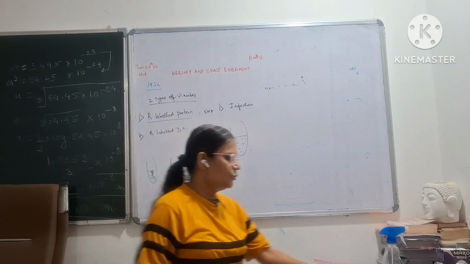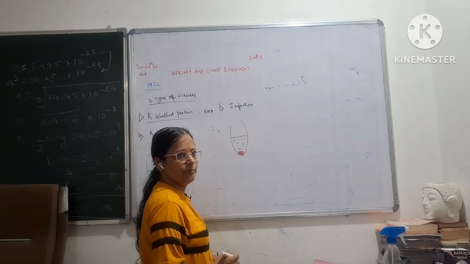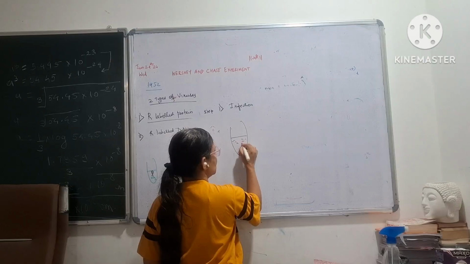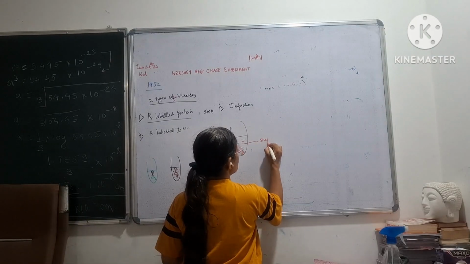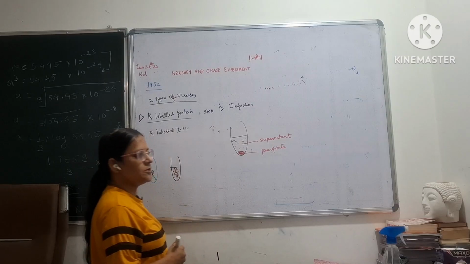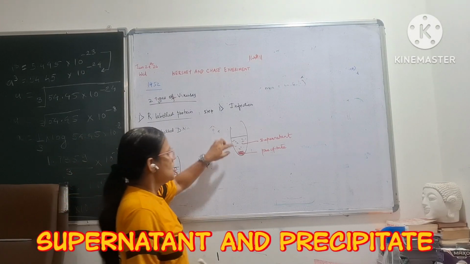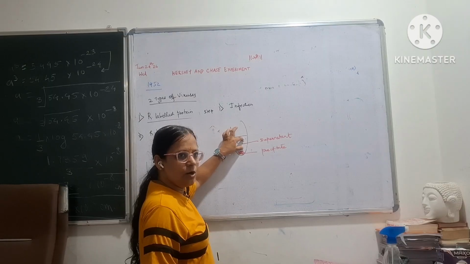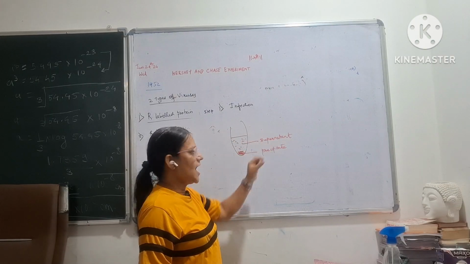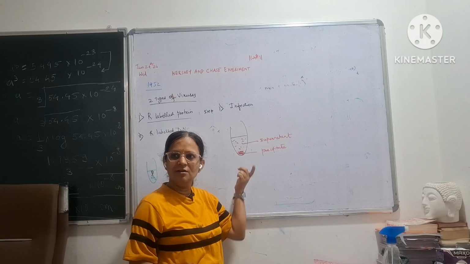The mud will accumulate at the bottom, and what remains up is the liquid, which is called supernatant. The mud is called precipitate. So in this experiment also, after centrifugation, you get a liquid which floats above, called supernatant, and the solid material which settles down, called the precipitate.